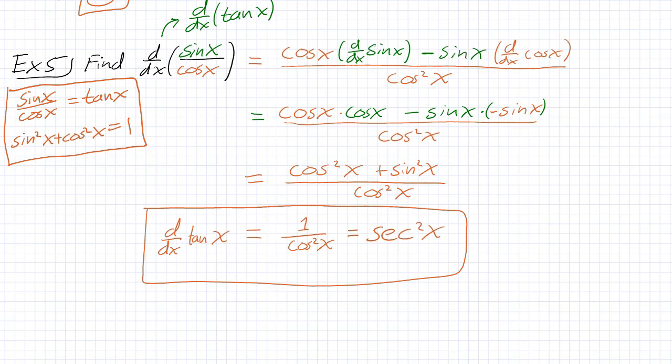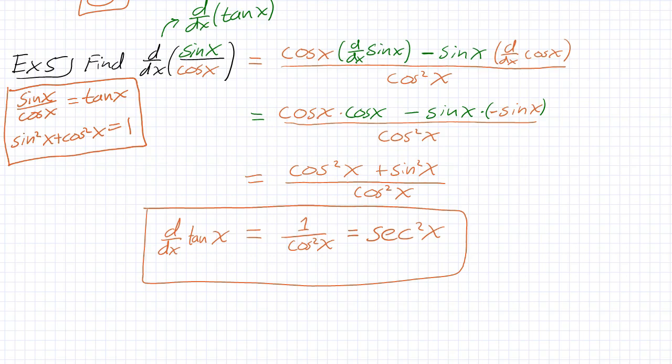So anyways, we're going to use both these identities here. So we're using the quotient rule, so we're doing the original denominator times the derivative of the numerator minus the original numerator times the derivative of the denominator over the square of the denominator. I just wrote out the quotient rule, also known as low d high minus high d low over the square of what's below.